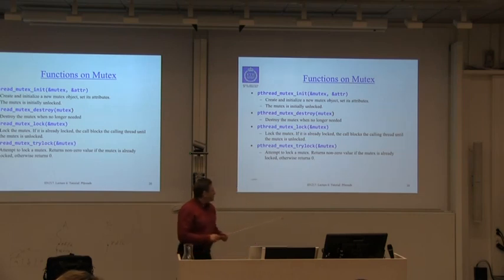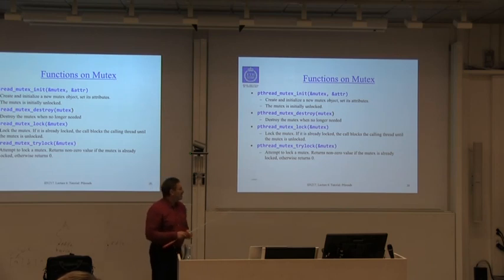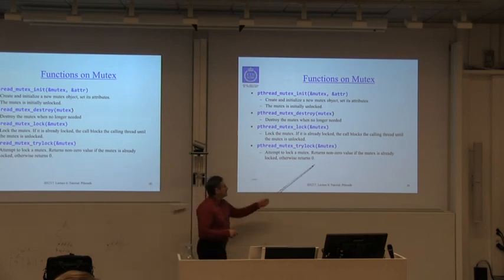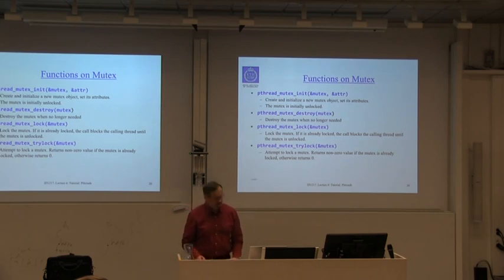There is also trylock, which is a non-blocking call. It returns either non-zero or zero, just to indicate whether the try has succeeded or not. In this way you can put it in a conditional: if trylock fails, then do something else, otherwise go to the critical section.